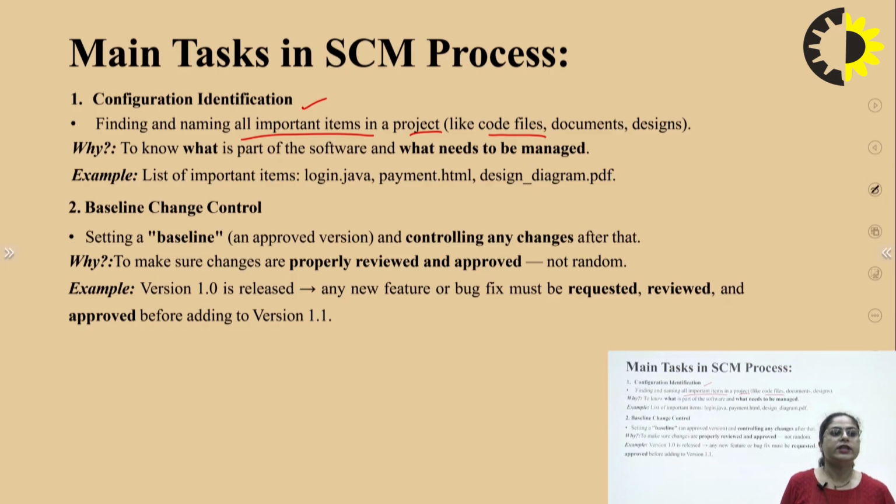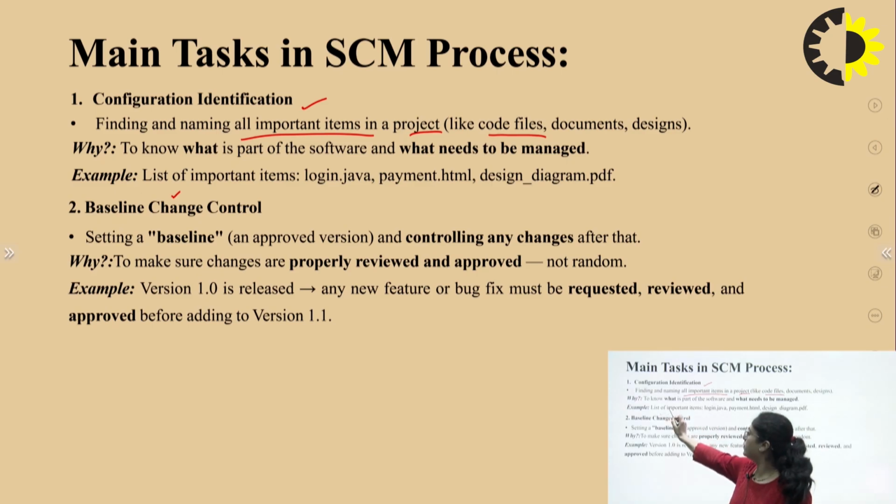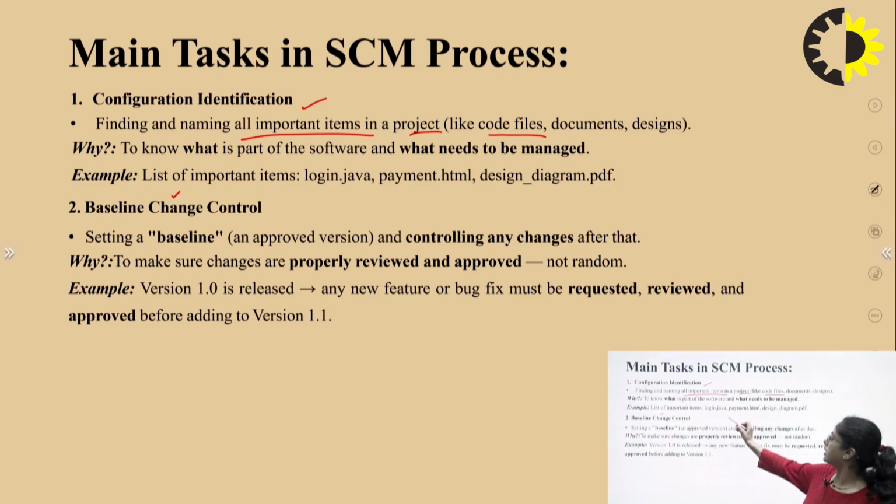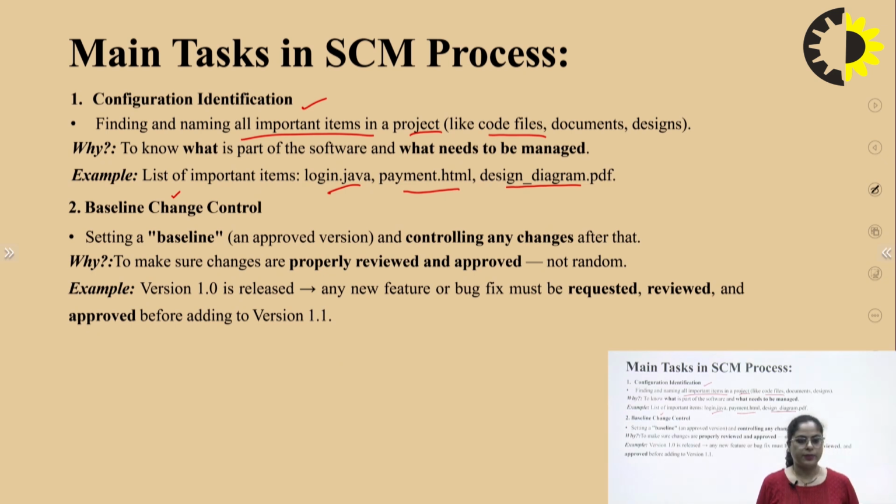To know what is part of the software and what needs to be managed. An example list of important items is login.java, payment.html and design_diagram.pdf. These are examples of identifying and naming things. That is the configuration identification.